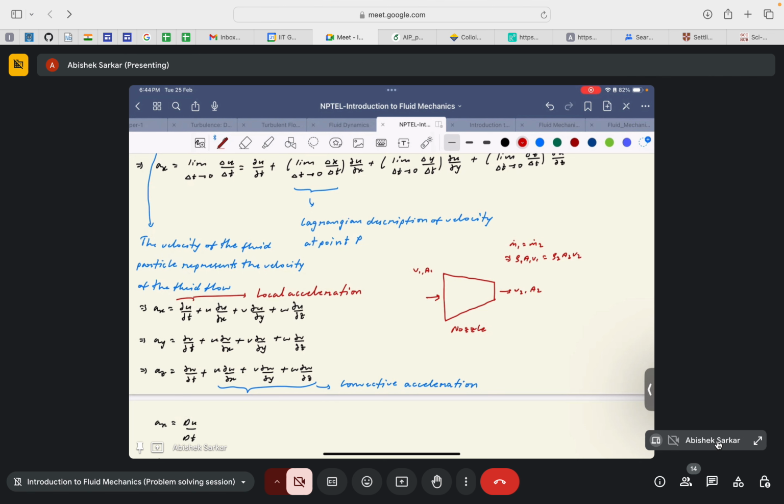Considering the flow to be incompressible, rho 1 equals rho 2, so A1 V1 is equal to A2 V2. Then A2 by A1 is equal to V1 by V2, and since A2 is less than A1, V2 is greater than V1. Of course, this is valid for subsonic flow, say a subsonic nozzle.